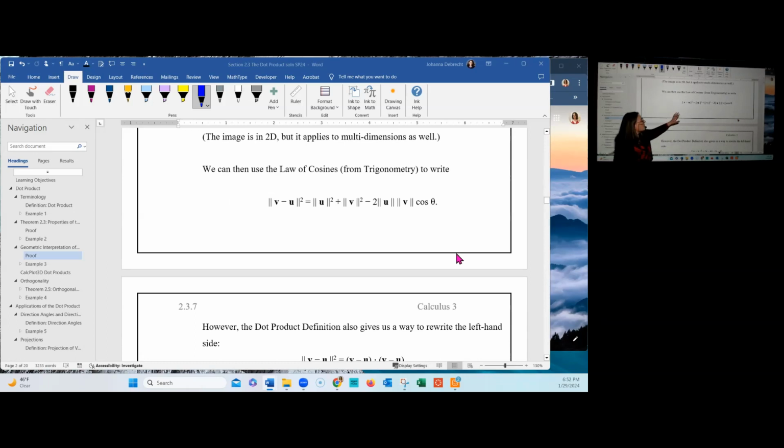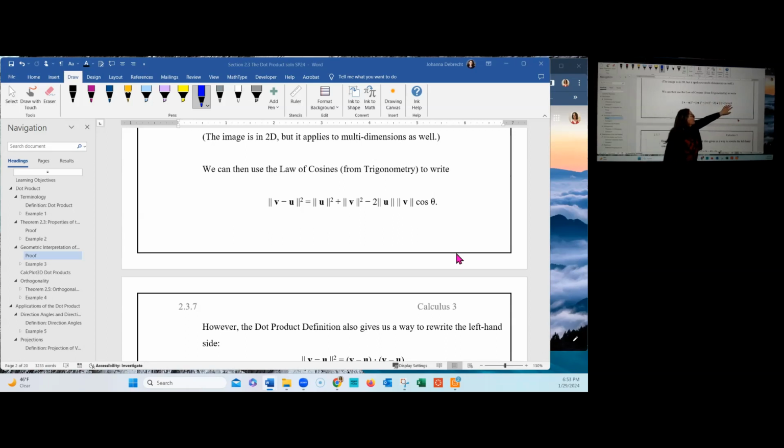Remember that the length of a side squared is equal to the squares of the other two sides minus 2 times the lengths of the other two sides times the cosine of the angle between the other two sides.